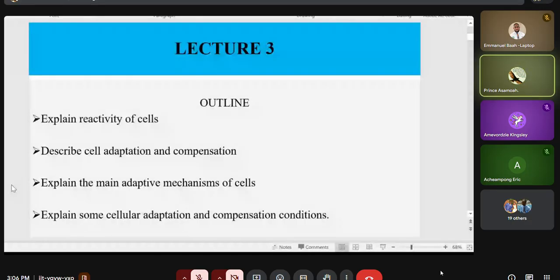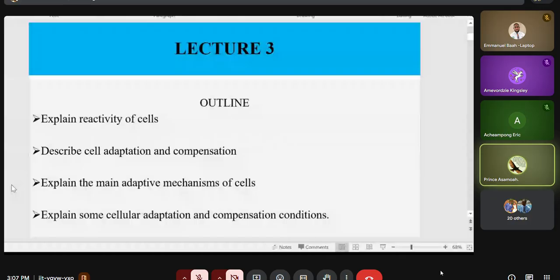Thirdly, we should be able to explain the main adaptive mechanisms of cells.